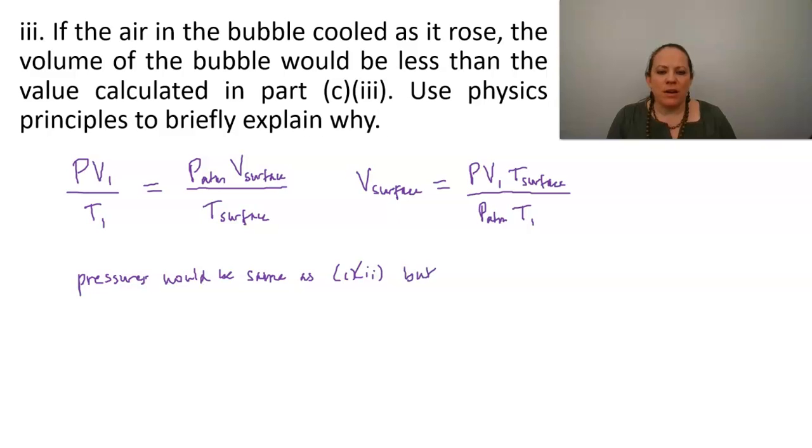But this part is telling us that T1 is greater than the temperature at the surface. So that means that our volume at the surface is going to be smaller because we now have this extra factor, T surface divided by T1, which is less than 1.